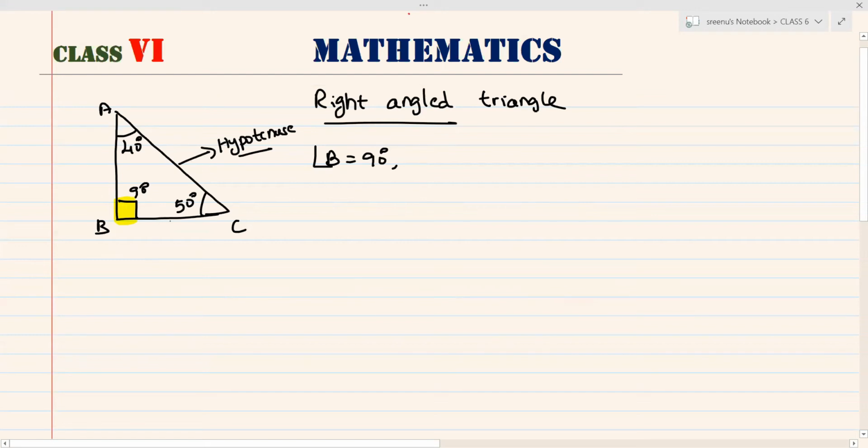Right, we learn it in class 10. And this is either adjacent or opposite. According to A, this is the adjacent I will take. If I take C as acute, I will write it as adjacent. No need to name here because you'll get confused, just leave it off. So the longest side is the hypotenuse, right?